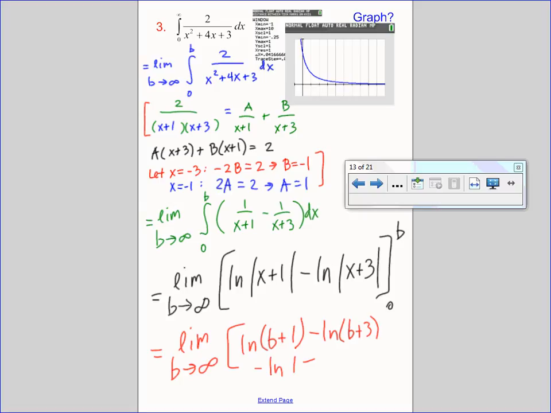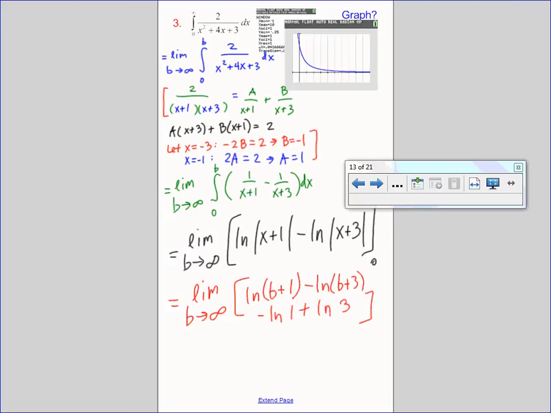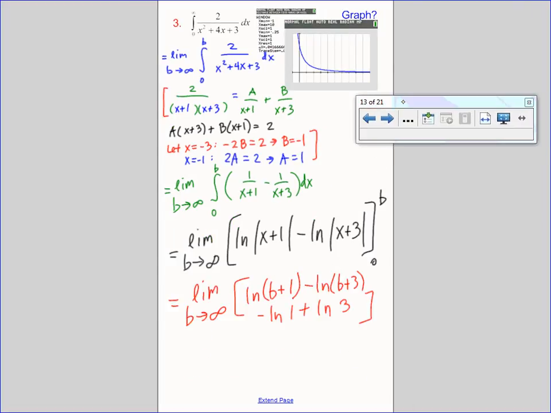So minus a negative ln of 3 is plus ln of 3. Right. So what have we got? Well, we've got two natural log expressions where the input, which contains b, is ballooning to infinity. That's bad news because we saw in our second example that a ln of an infinite quantity equaled infinity and diverged.